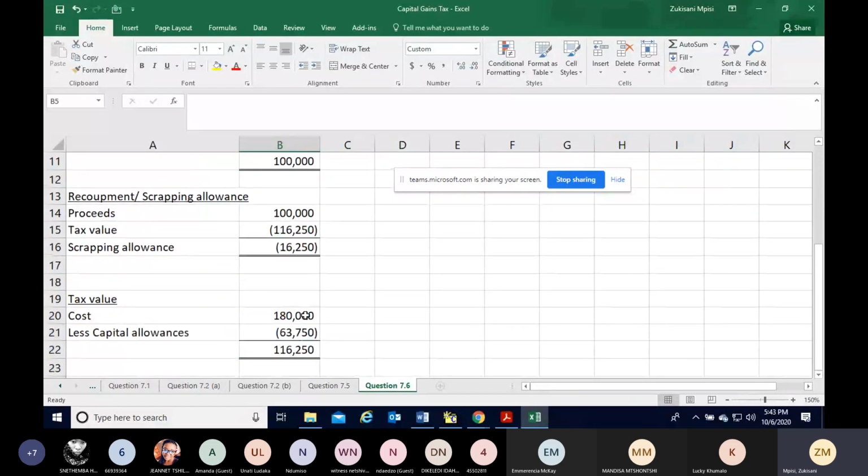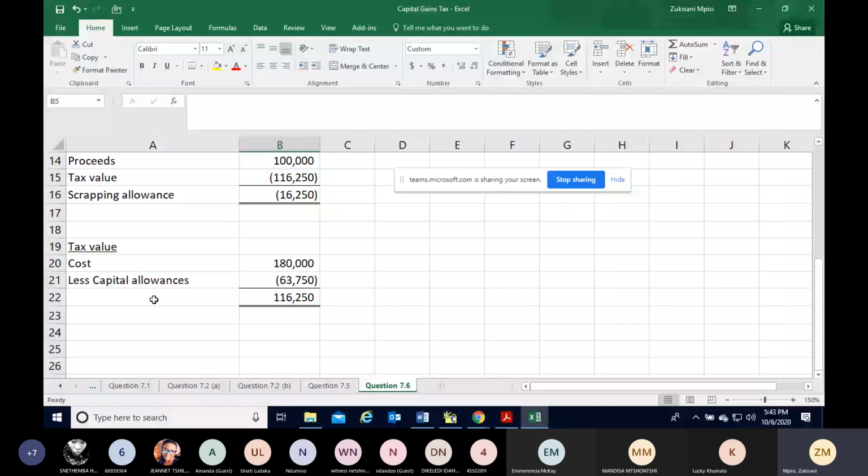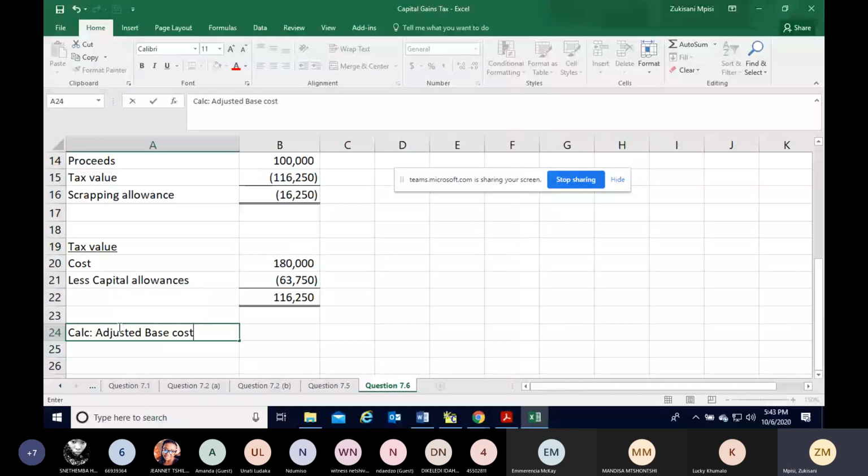Then the next calculation that we have to make now is calculation 2, to calculate adjusted base cost. To calculate adjusted base cost, we know that it is the cost price less capital allowances.